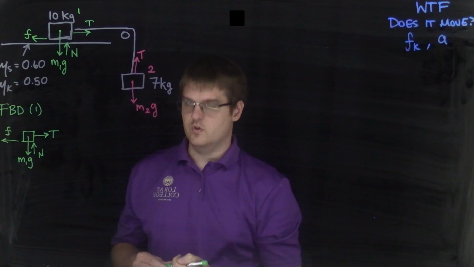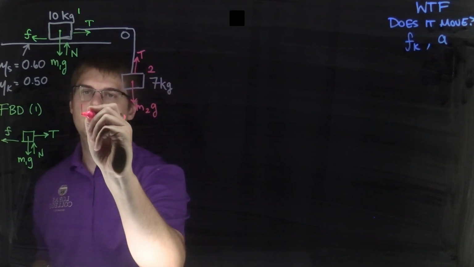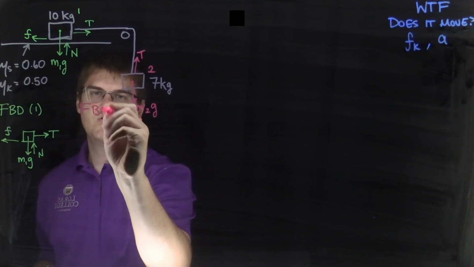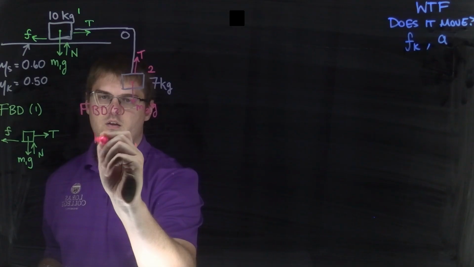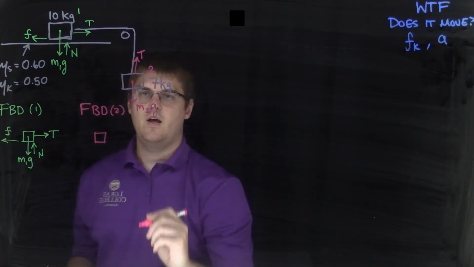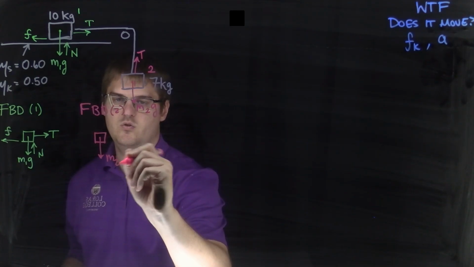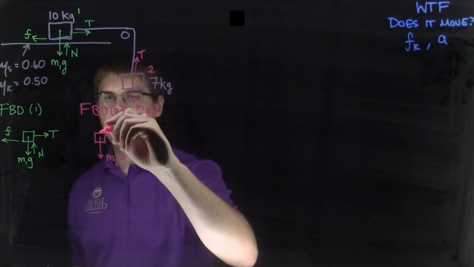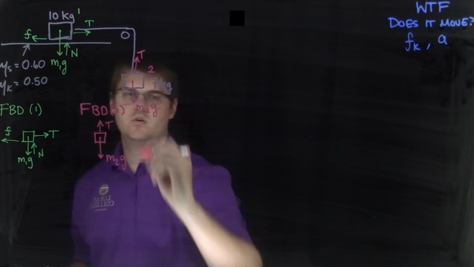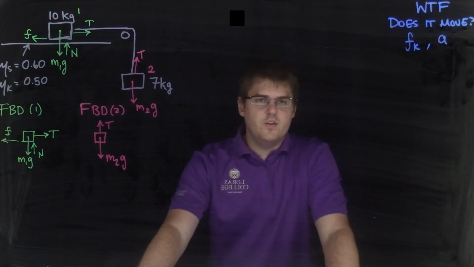And then if we look at block 2, and I do a free body diagram for block 2, and I draw my block in here, I have mass of block 2 times gravity going down, and I have a tension going up. All that's left is direction.